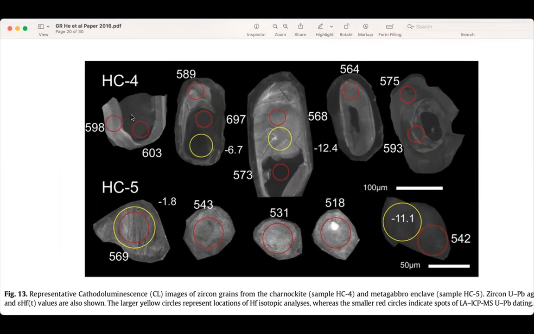You can see different spots, right? These spots indicate the analytical points for the laser. This has applied laser beams. We call it laser ICP, ICP mass spectrometry.